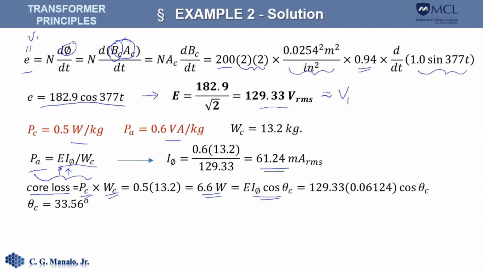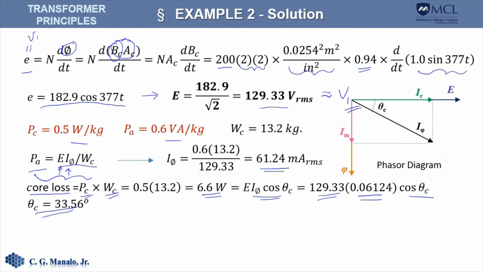And from here, we can compute the phase angle between the applied voltage and the exciting current. There we can get the phase angle. Okay, so this is the phasor diagram of the quantities.